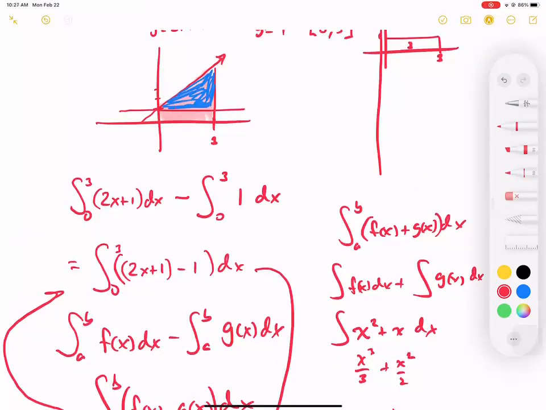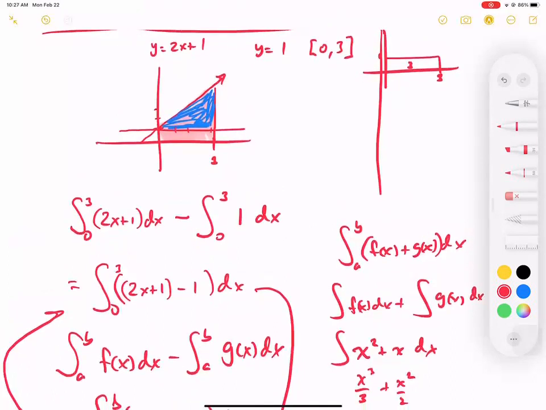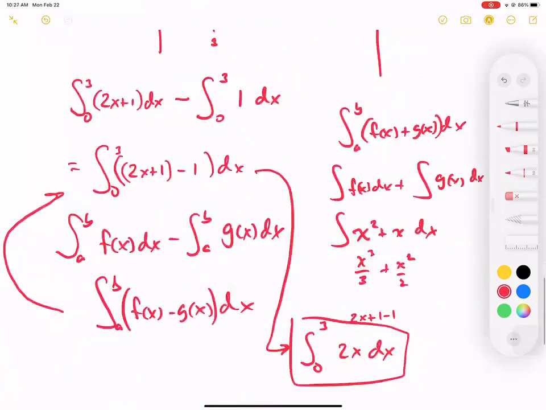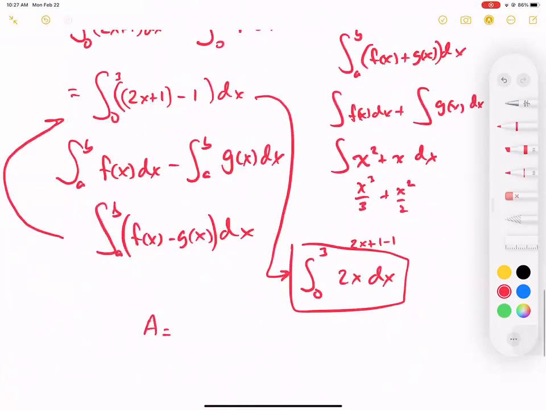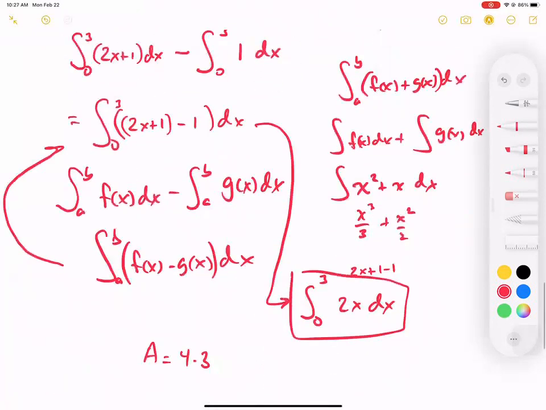Area is 1, 2, 3 by 3, 6 plus 1 is 5, so that's 4. 4 times 3 is 12. The area I got is 9 once you put the integral from 0 to 3 of 2x dx.